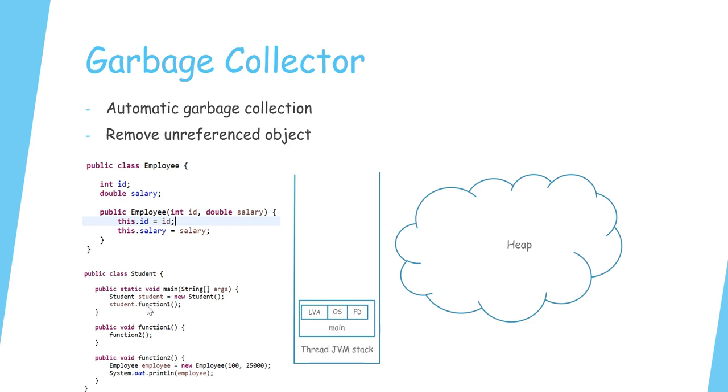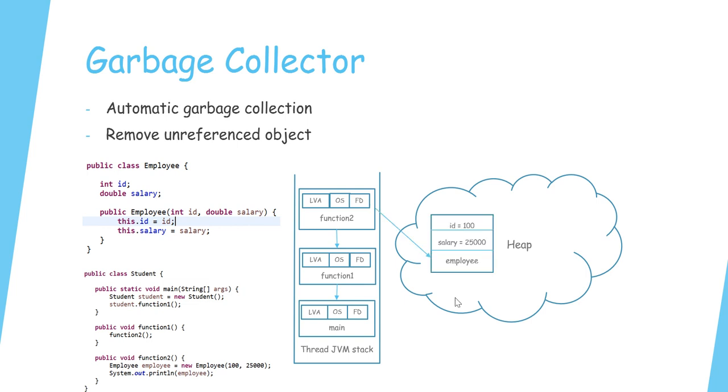When the main method calls the function1 method, the new frame will be pushed on the thread JVM stack. And when function1 calls the function2 method, the new frame will be pushed here. Now in function2 we are creating an object of employee. So a new object will be created on the heap this way, and function2 has a reference to the employee object, and the employee object is local to function2.